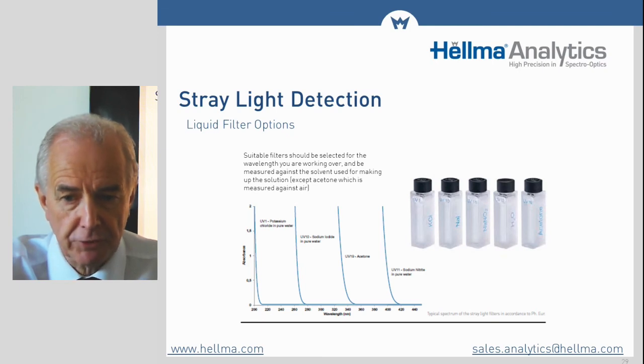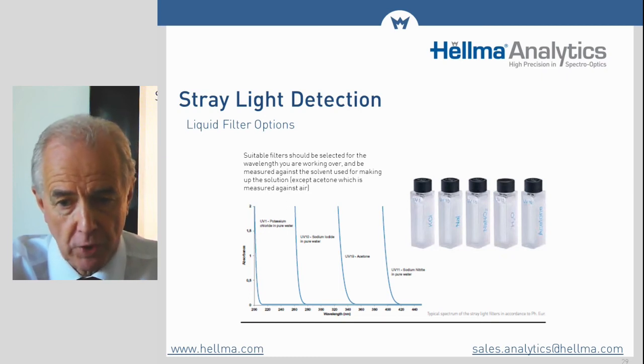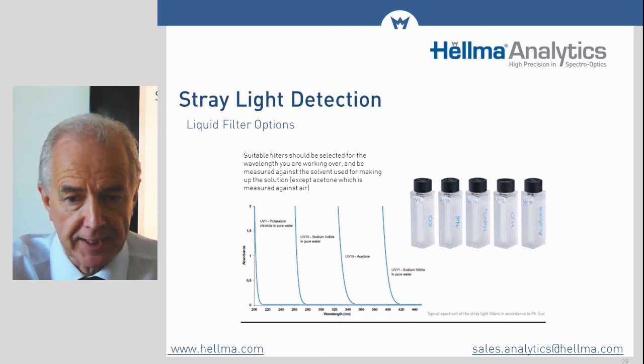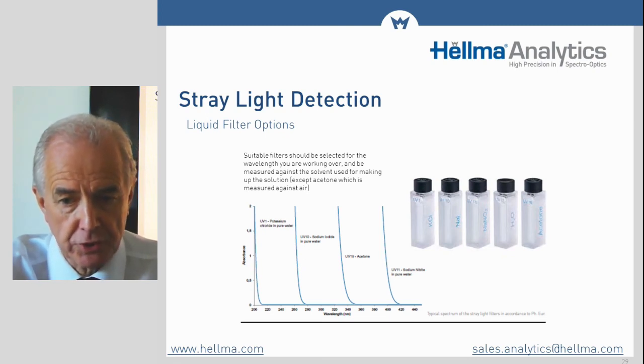Acetone has a cut-off at 325 nanometers and sodium nitrite at 370 nanometers. EP10 calls for measurement to be made at a suitable wavelength for your application and against the blank solution used in producing the filter.